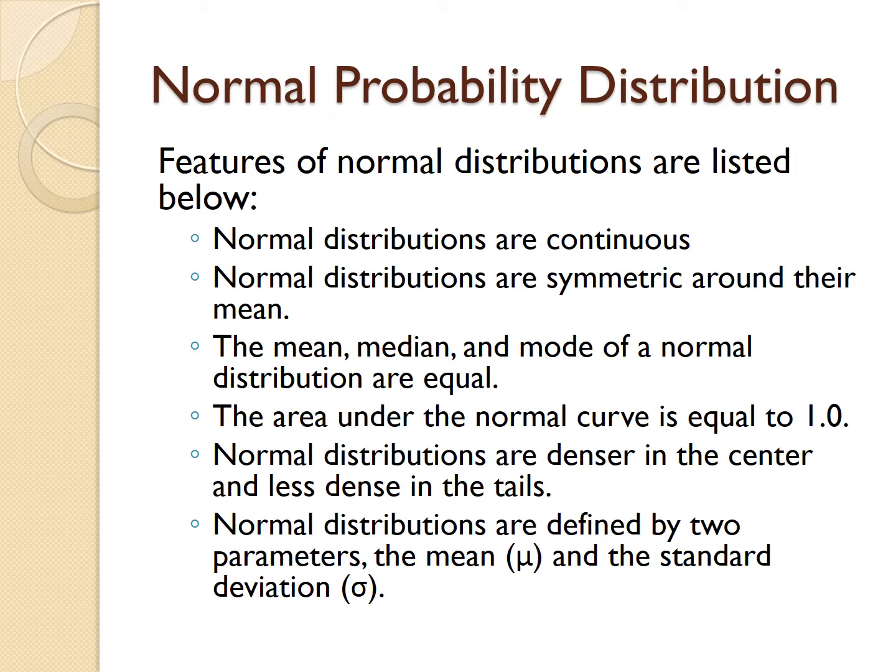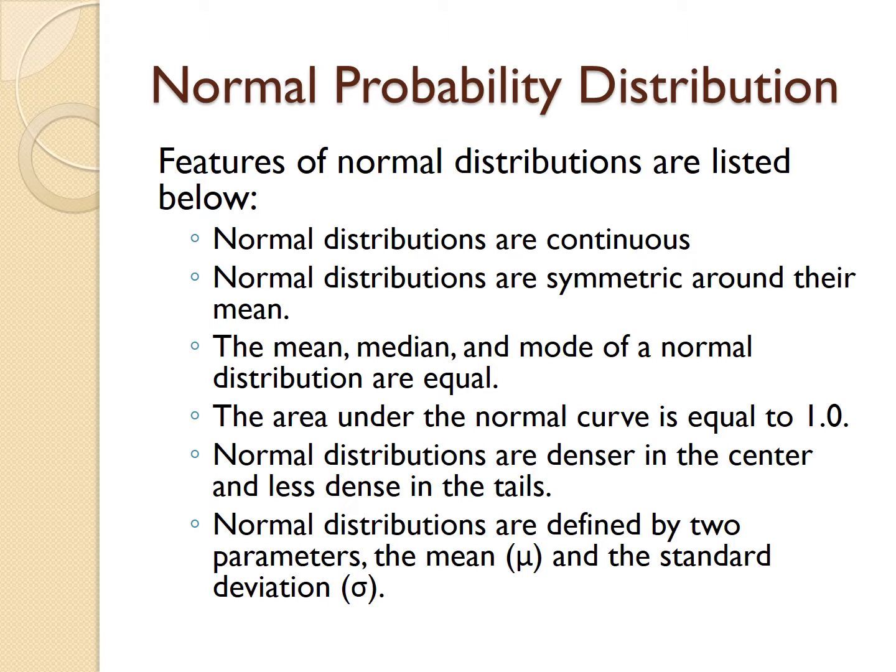The normal probability distribution is the most important and most widely used distribution in statistics. The features of normal distributions are that they're continuous, they are symmetric around the mean, the median and the mode of a normal distribution are equal, and the area under the curve is equal to 1.